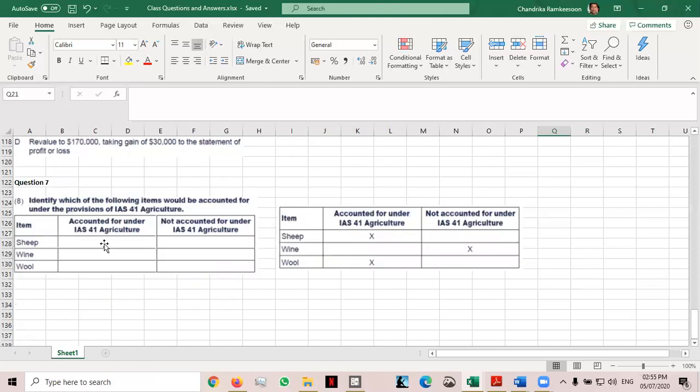Then question 7, identify which of the following items would be accounted for under IAS 41. Sheep, wine, wool. Sheep, 41. Wool, 41. Wine, however, well, normally IAS 2. The wine, of course, if I was to explain wine. So we've got the grapes.